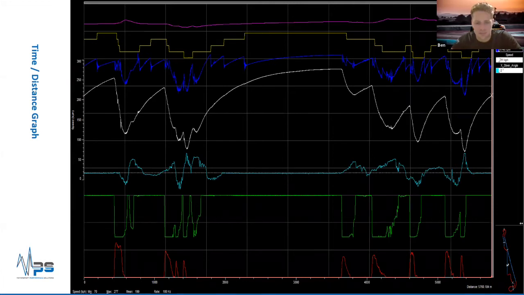The reason I say give or take, just to be slightly careful, is this distance is calculated based on your vehicle speed. So it's quite easy for a driver to drive around the same circuit but take a different line, and before you know it, a few different lines or a lock up somewhere and you run off the circuit, you've covered a different distance than you would have on a previous cleaner lap.